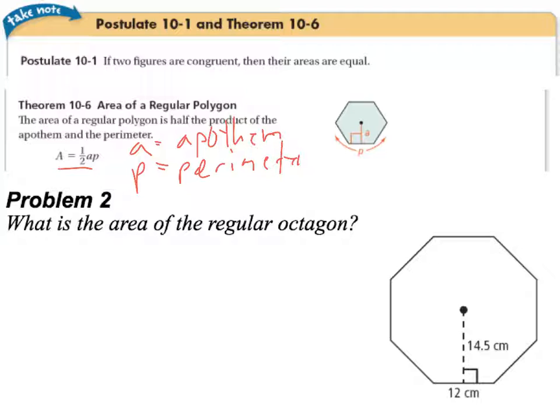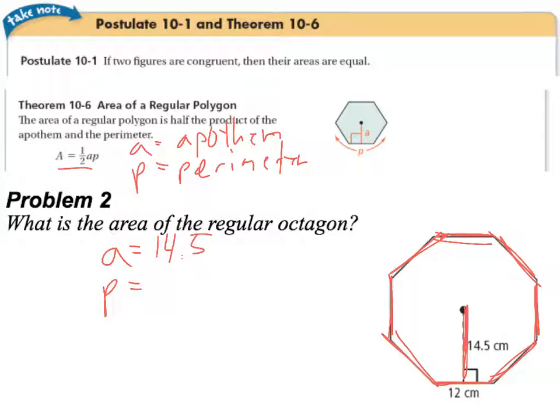So in this particular example down here, they want the area of our regular octagon. I'm given the apothem. So my apothem is 14.5. My perimeter: if this distance is 12, all of these distances around here are 12. And there are 8 sides because it's an octagon.